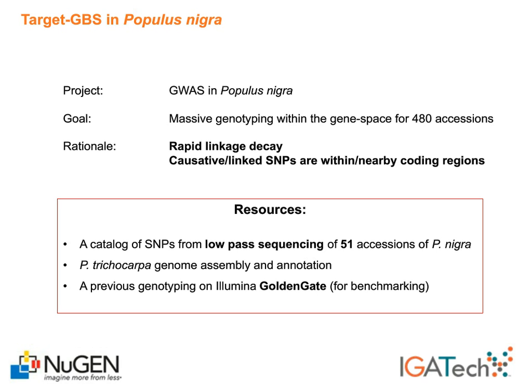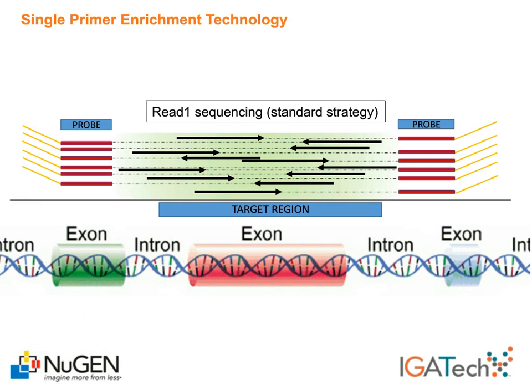We decided to consider the SPET technology from NuGEN. This technology utilizes a single primer enrichment system to enrich a short fragment library for target regions. In its original design, one end of any fragment is defined by the annealing site, which determines the enrichment for a particular locus, while the others, being generated by fragmentation, are scattered across a region of some 200 to 300 base pairs.